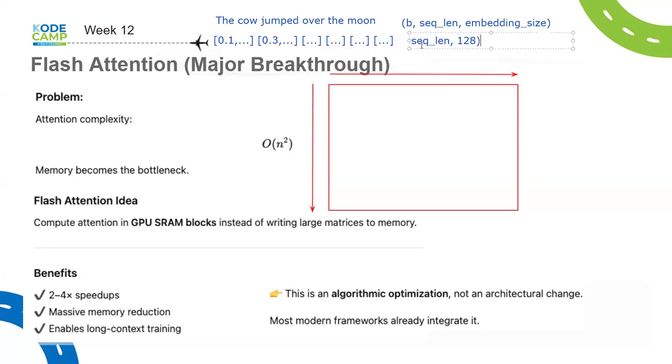A sequence may have a variable length, but typically we normalize all sequences and give them a fixed length.